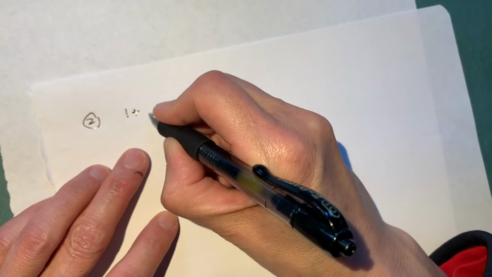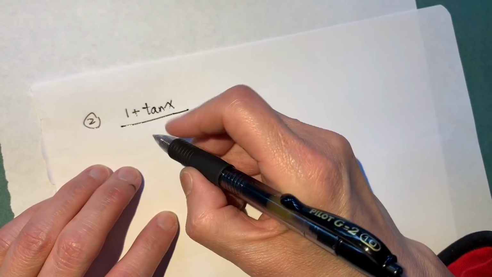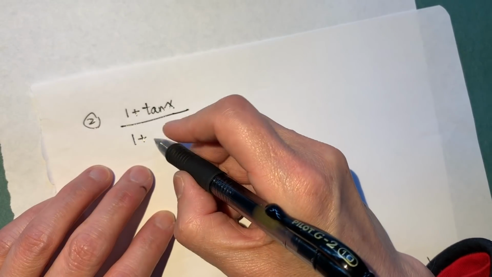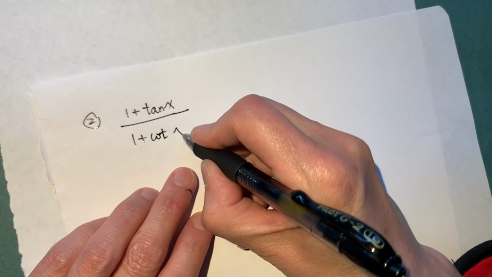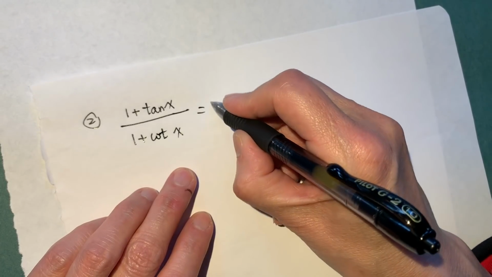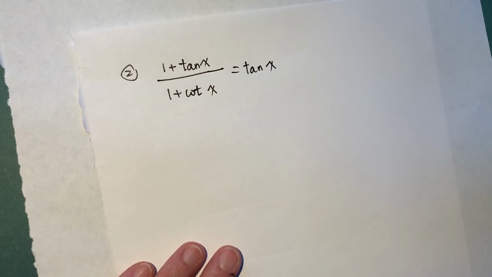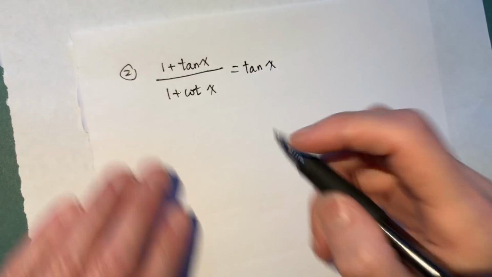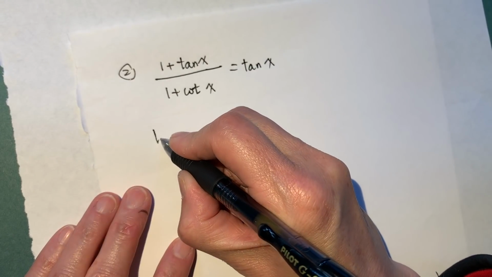1 plus tangent x over 1 plus cotangent x equals tangent x. So this way we can do 2 methods. The first method, let's do left. We make it into sine, cosine, left.